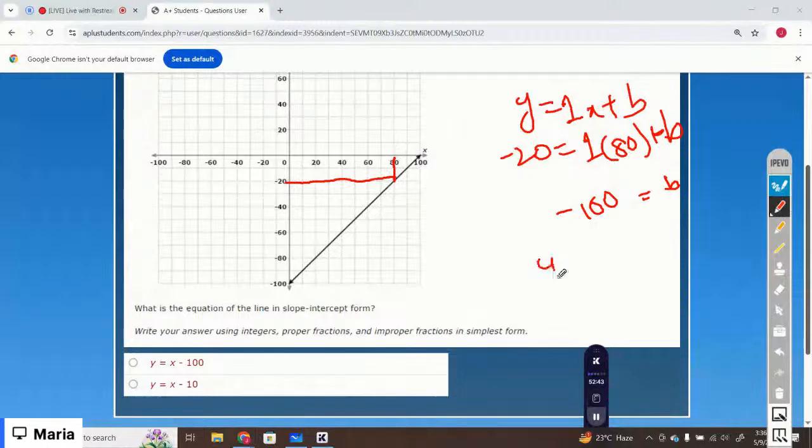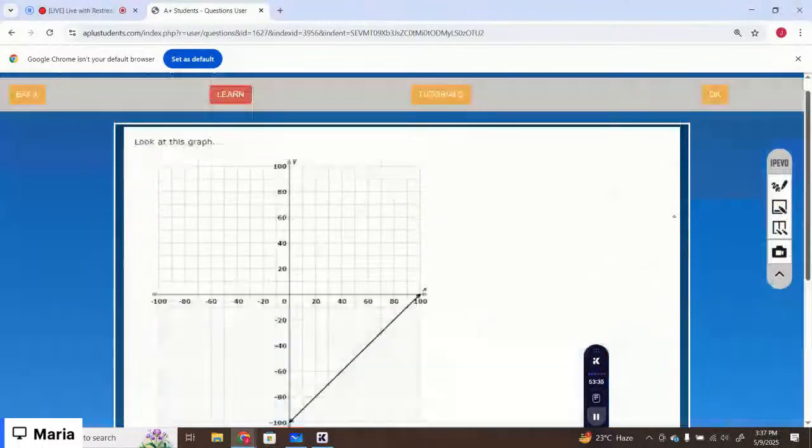So the equation is y equals x minus 100. Option number 1 is the correct option.